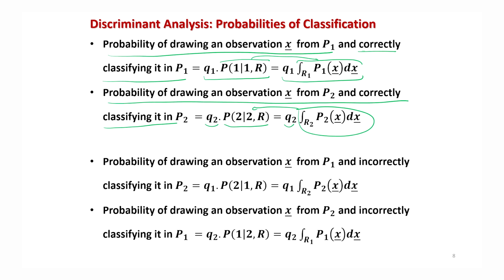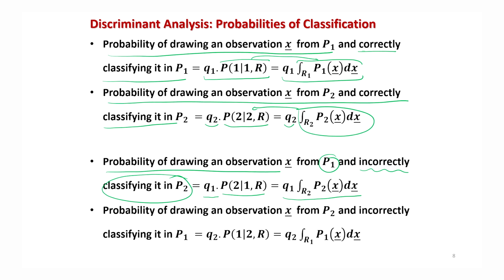Similarly, when we go to the incorrect classification, the probability of drawing an observation x from P1 and incorrectly classifying it into P2 is Q1 into P2 given 1 R, which is computed as Q1 into the integral over R2 of P2 x dx.